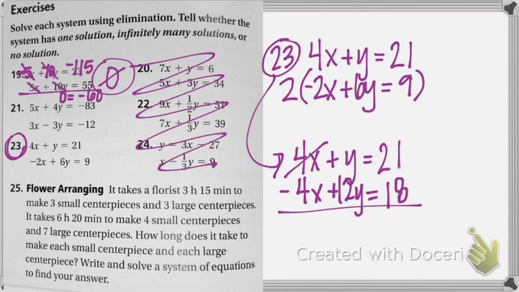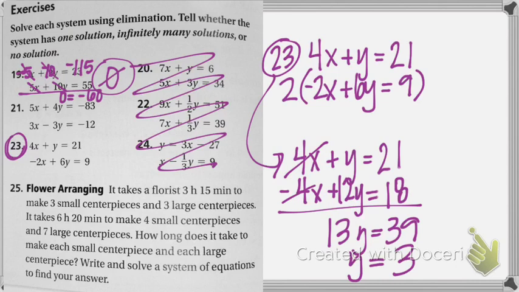Now if I combine them, I get 13y equals 39. So y must be 3. Well, if y is 3, let's replace this y up here with 3 and solve for this x.